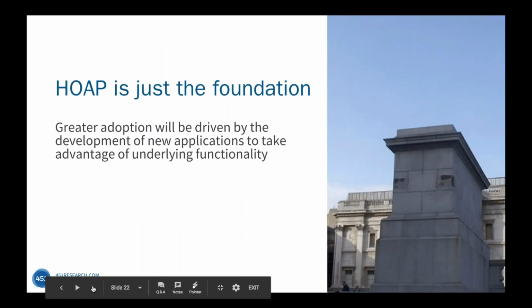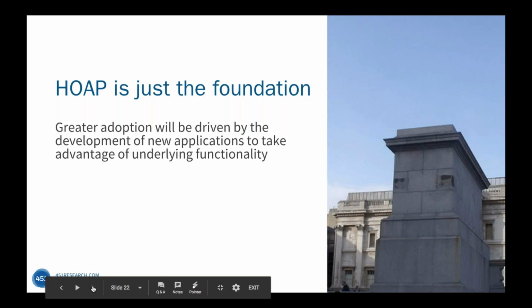And one last thing that is important in terms of all of this is that HOAP is after all just the foundation. So this image, I'm sure people will recognise this. Obviously, I'm calling in today from the UK, and this is actually what is known as the fourth plinth in London's Trafalgar Square.